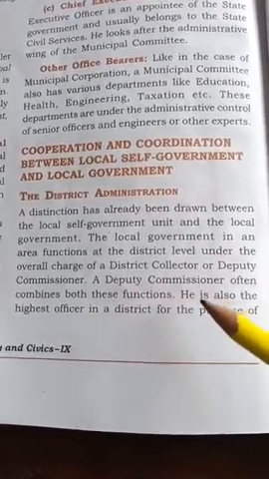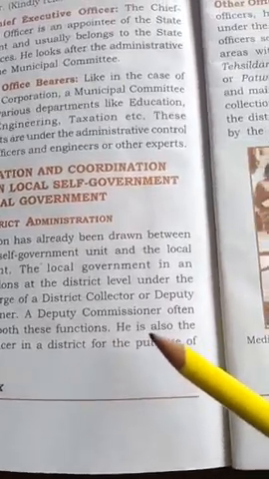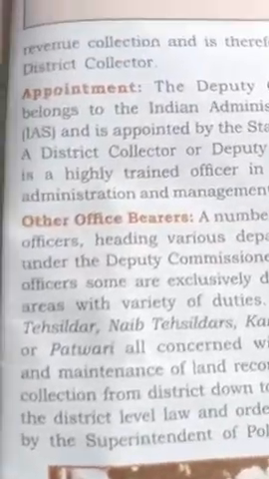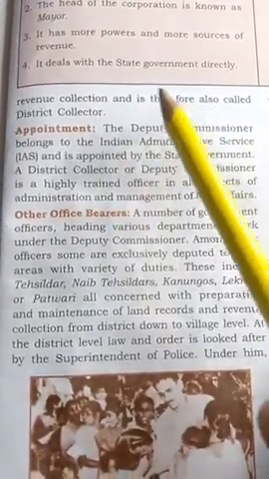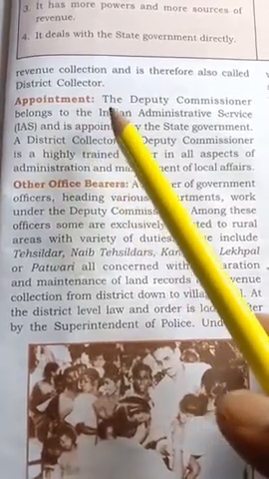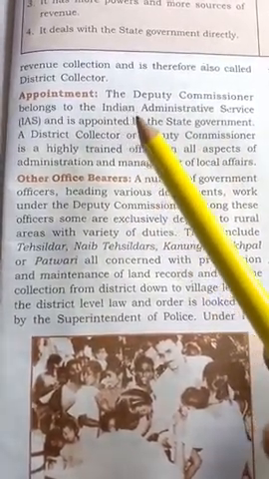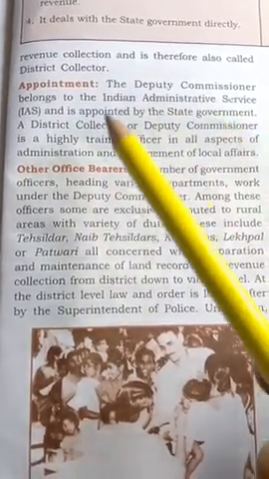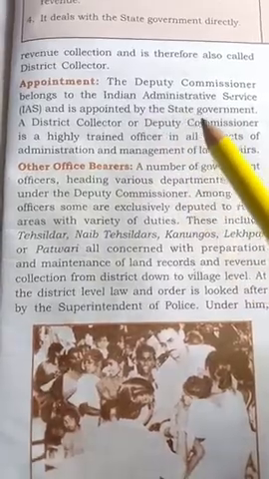He is also the highest officer in the district for the purpose of revenue collection and is therefore also called the district collector. The deputy commissioner belongs to the Indian Administrative Service, IAS, and is appointed by the state government.